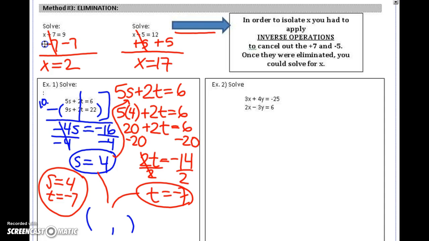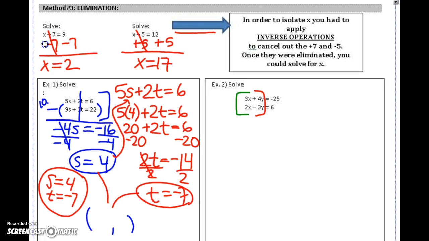So I have to think. I see 3x and 2x, or I see 4y and negative 3y. I'm going to have to multiply something, or maybe both equations, so that they get to be the same amount. I'm going to choose the x's. I know that if I multiply the top equation by 2, I'll get 6x.